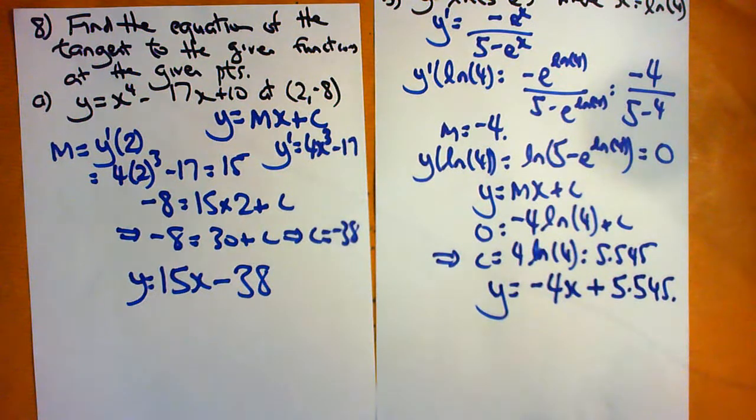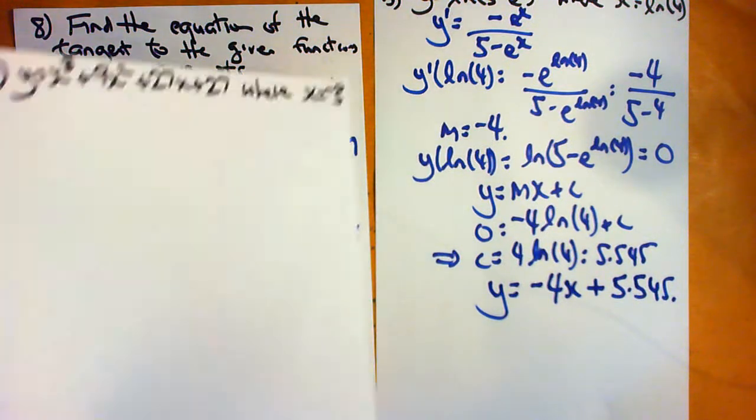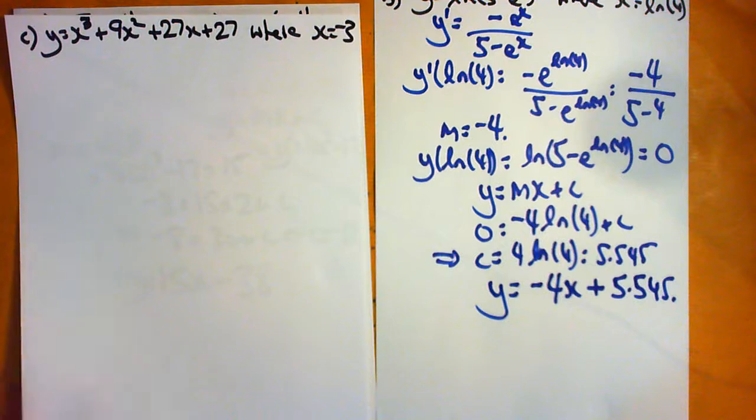So that's B. Question C, we've got one more to do. We've got to find the equation of the tangent to y equals x to the power of 3 plus 9x squared plus 27x plus 27 at the point where x equals negative 3.